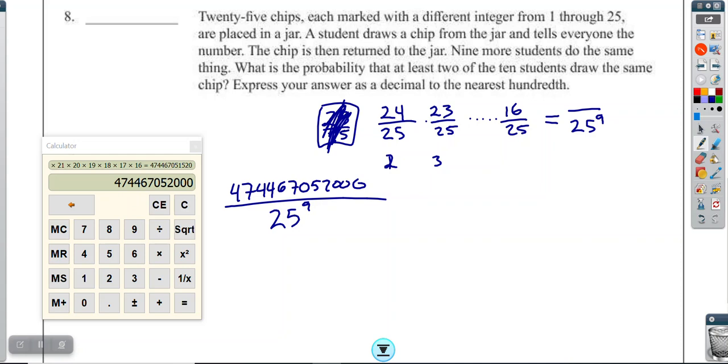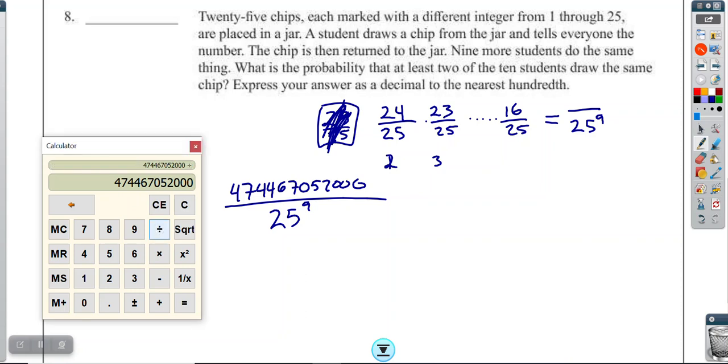Now, if I had a nice graphing calculator, I could just divide it by 25 to the 9th. But I don't have a nice calculator, so I have to divide it by 25 nine times.